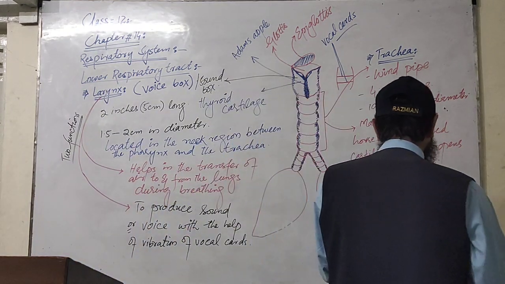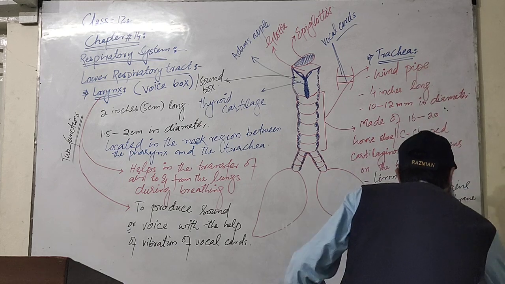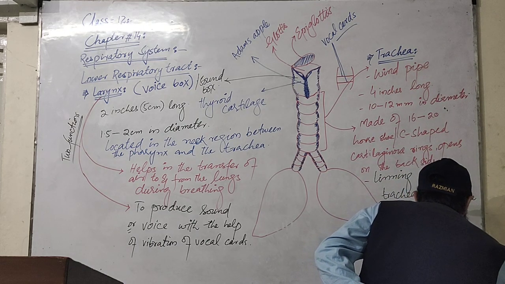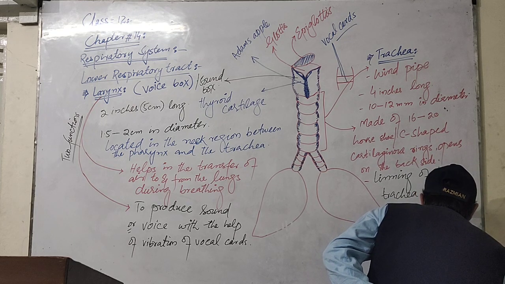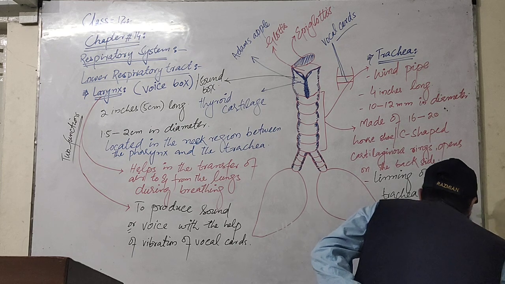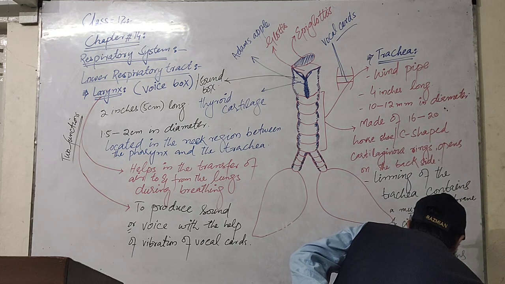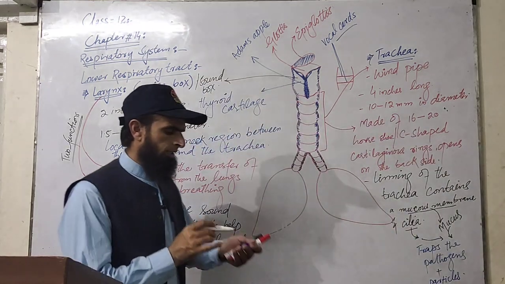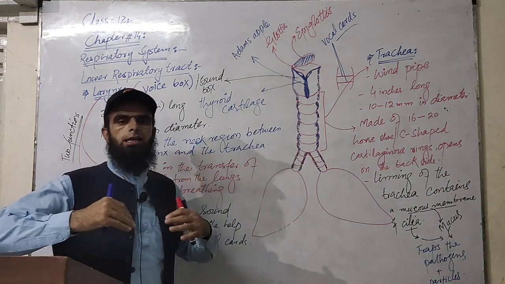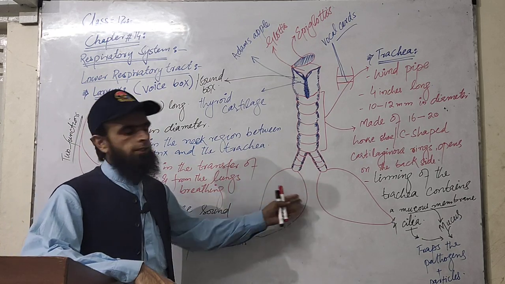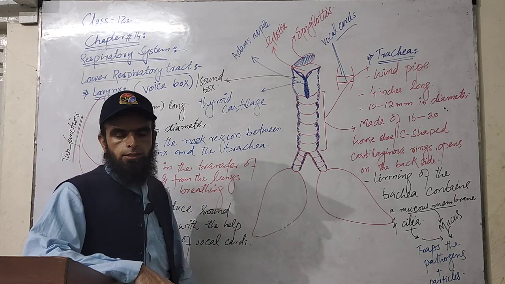So here this cilia and mucus perform a role of trapping. It traps the pathogens and particulate matter, dust particles, etc. In this way clean air is then conveyed towards the lungs, and there in the lungs exchange of gases takes place.